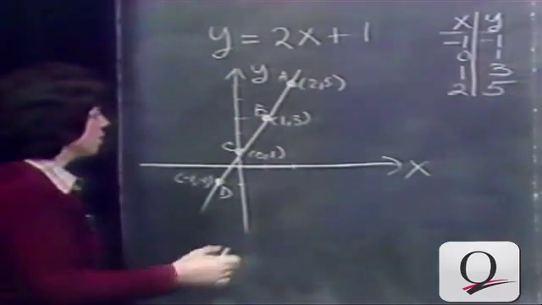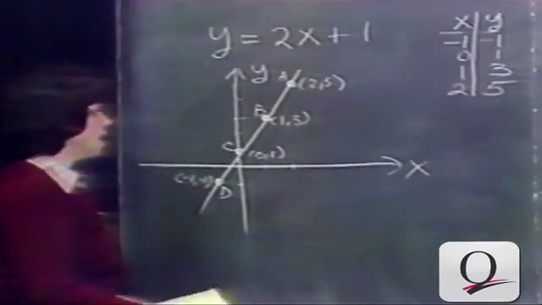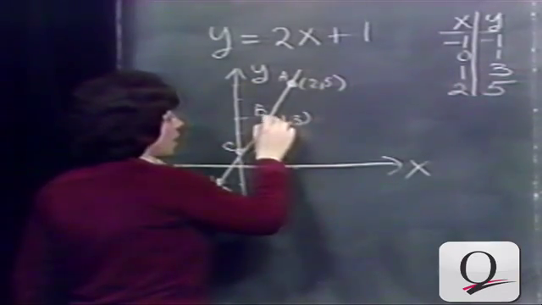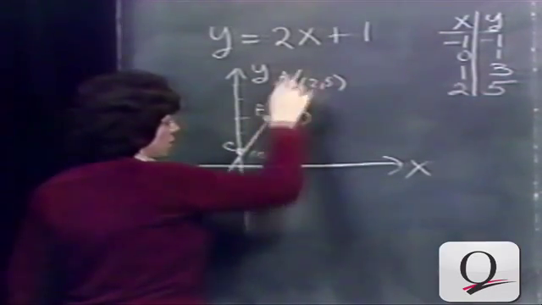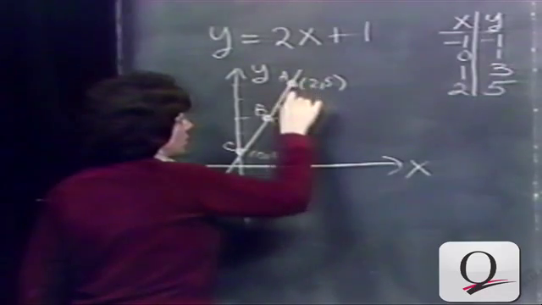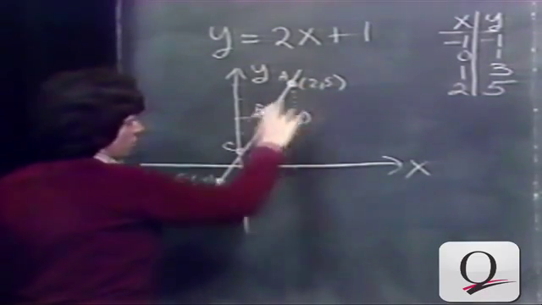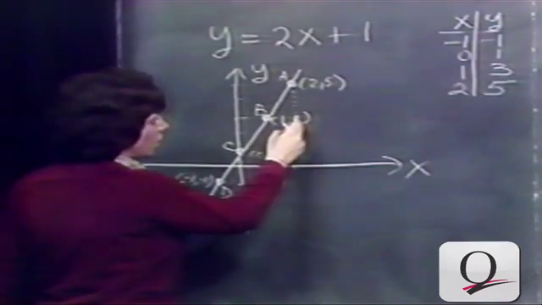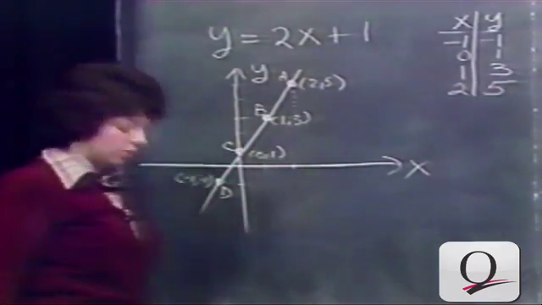So let's say we were moving from point B to point A. You could think of it as a certain vertical change and a certain horizontal change. In other words, we move to the right 1 and up 2.